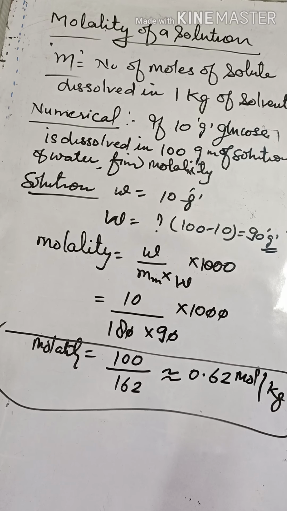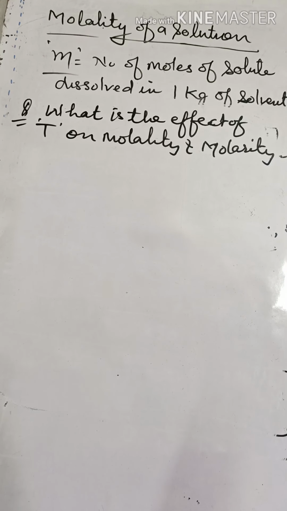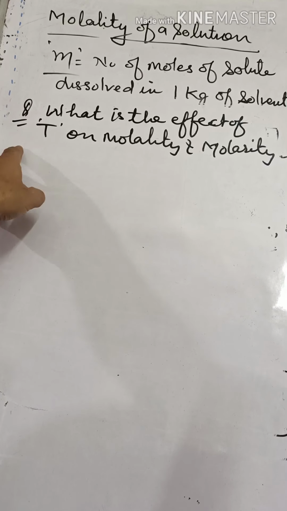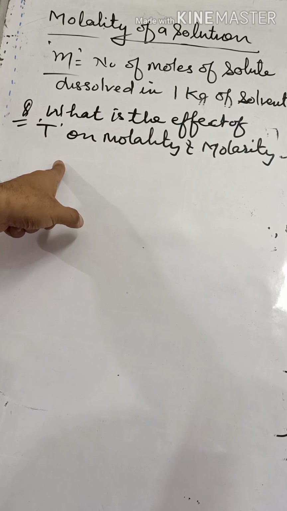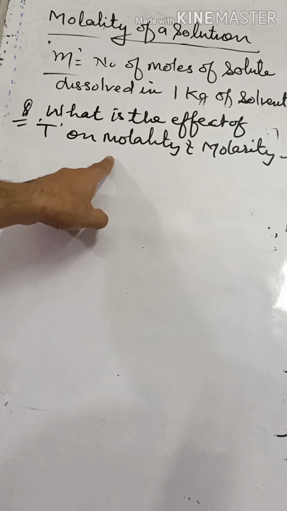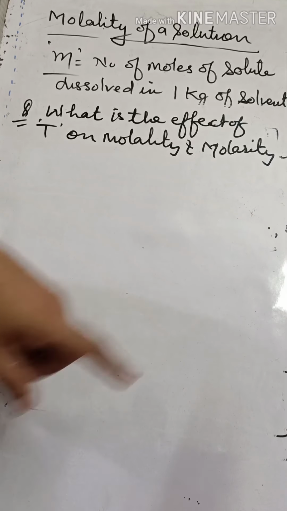So one thing here, what is the effect of temperature on molarity and molality? Now here, a very important question generally asked: what is the effect of temperature on molality and molarity?